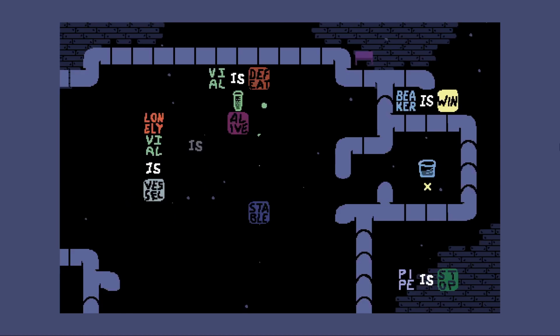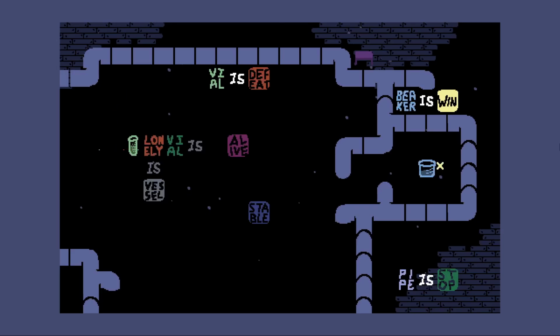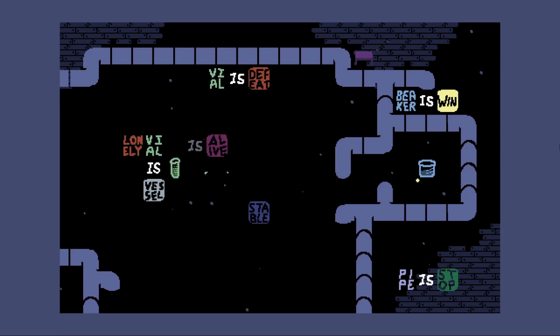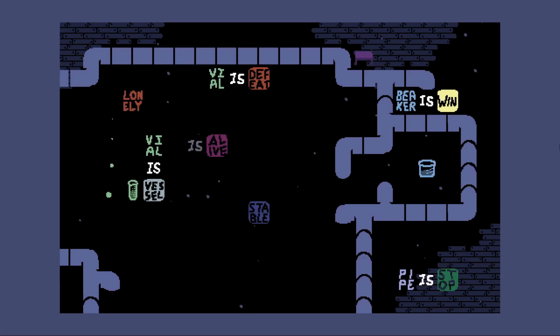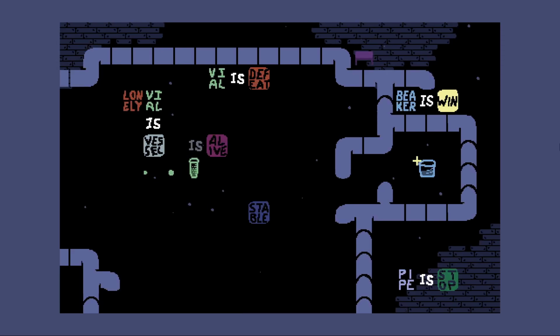And then lonely vial is alive. Okay, that makes me... No, I want me to be alive when I'm not lonely. I can make lonely vial as defeat, and then lonely vial as vessel. That is useful. Okay, so let's see if I can do this first.